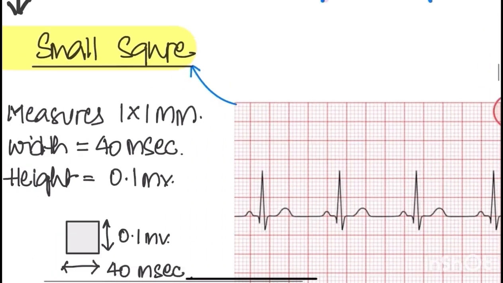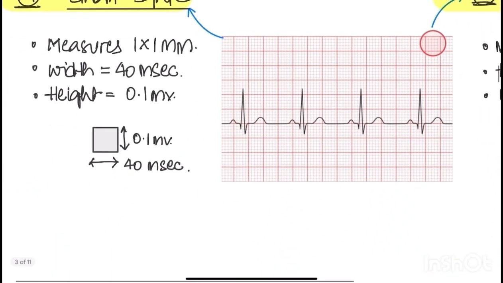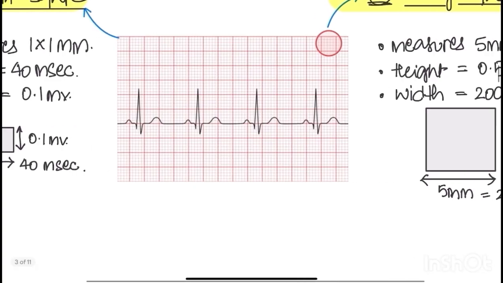So let's first see the small square. The width of the small square measures time, which is 40 milliseconds. So each small square would be 40 milliseconds of time, and the height of these squares represents the current. Each small square would indicate 0.1 millivolt of current.